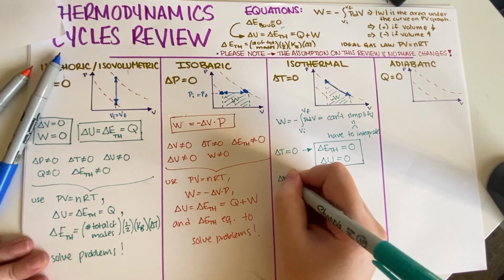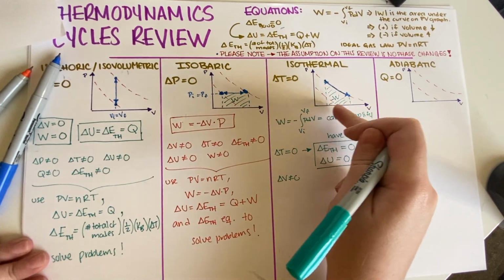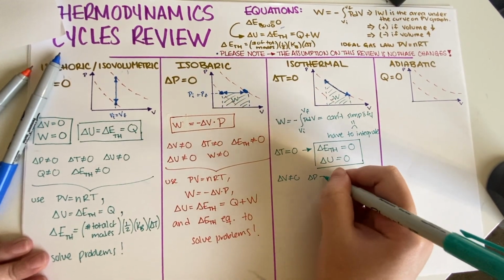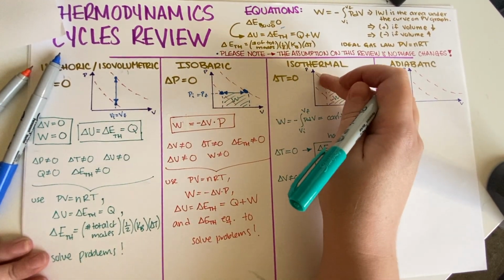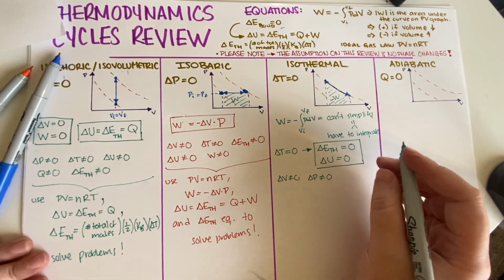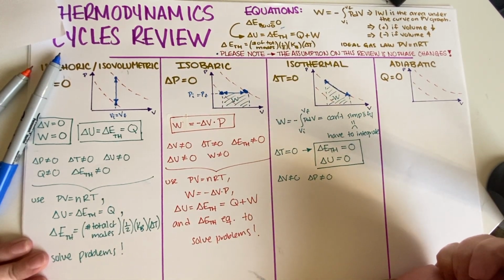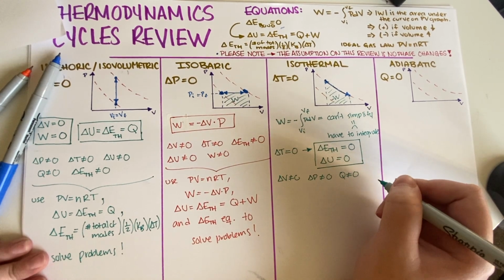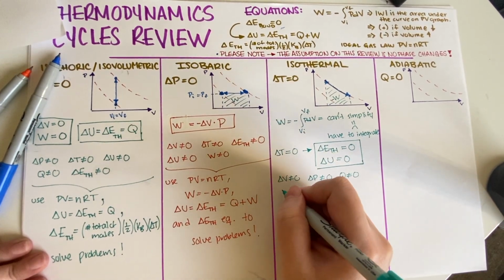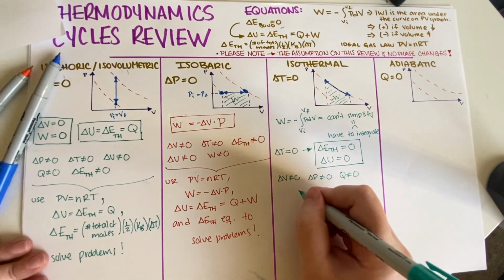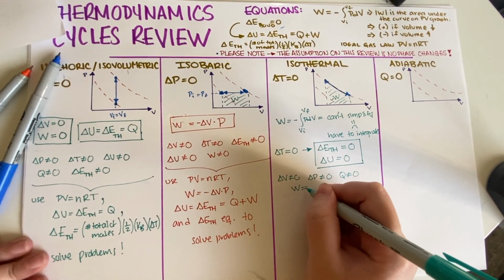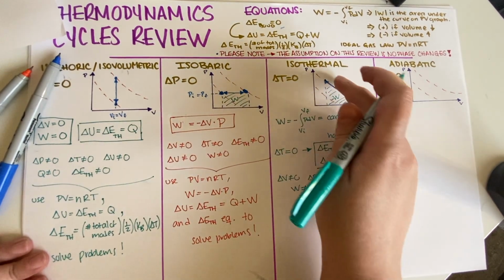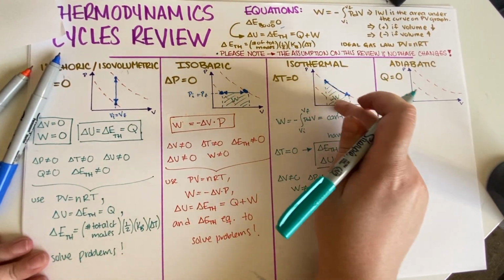So delta V is not equal to 0. You go from initial to final. Delta P is not equal to 0 because again you're going either up or down. Your Q is not equal to 0 necessarily, and that is also the case for your W. Your W is actually not equal to 0 because you are always going to have some area under the curve.